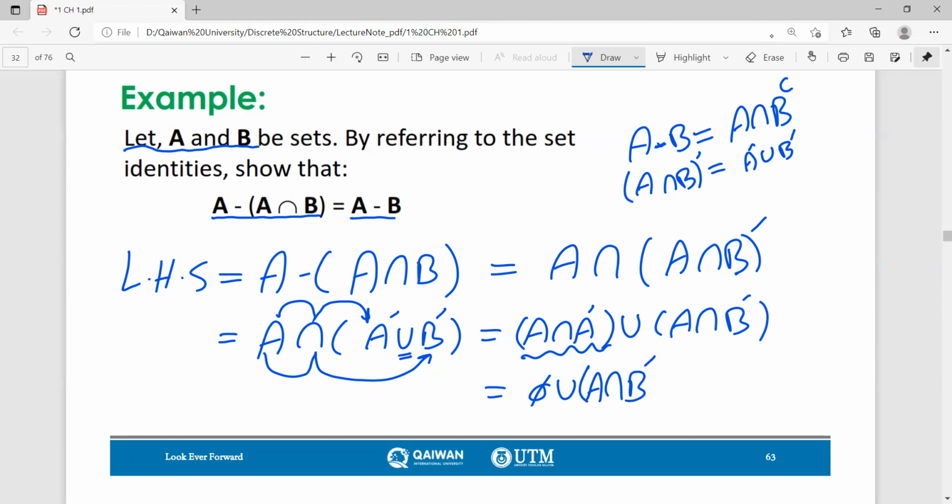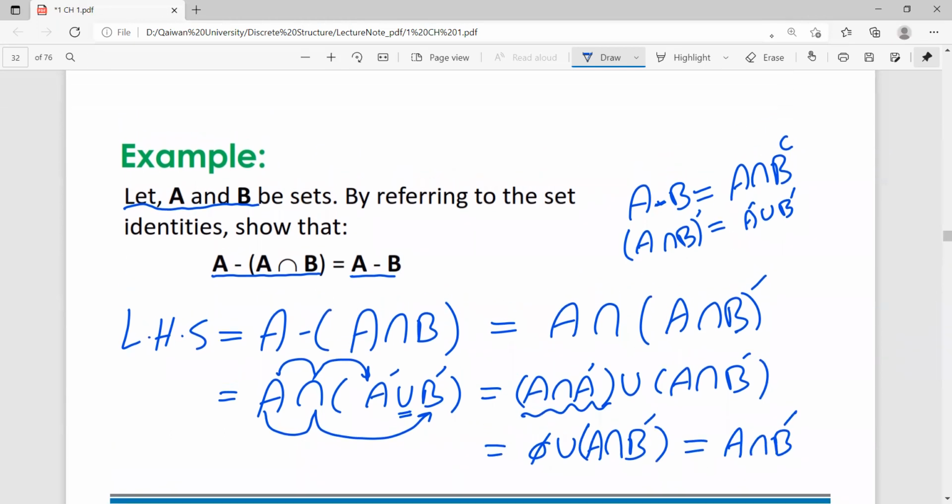And we said the identity set of union is the empty set. If we find the union of any set with the empty set, it is the set itself. So you get A intersection B complement.